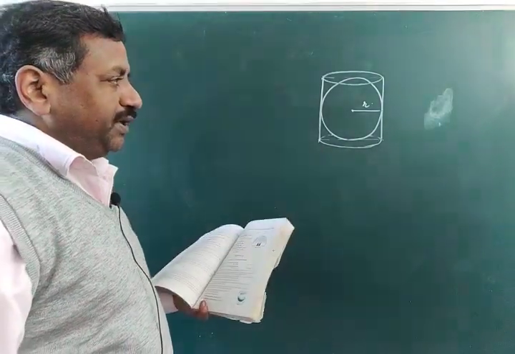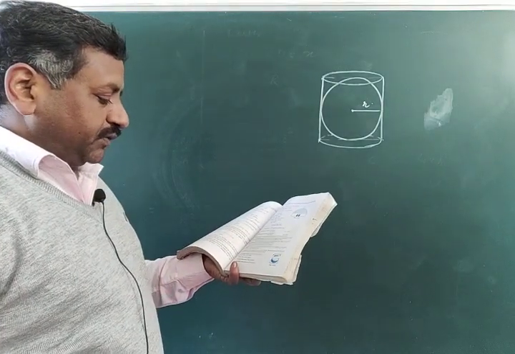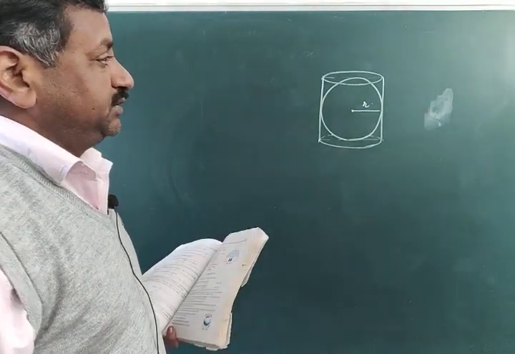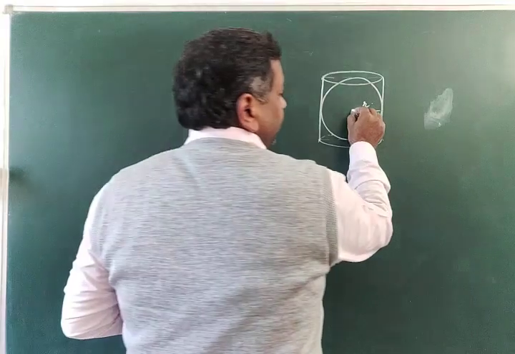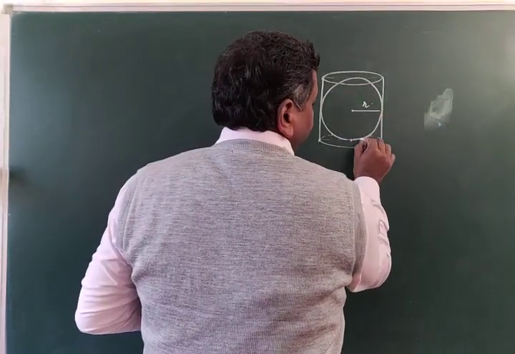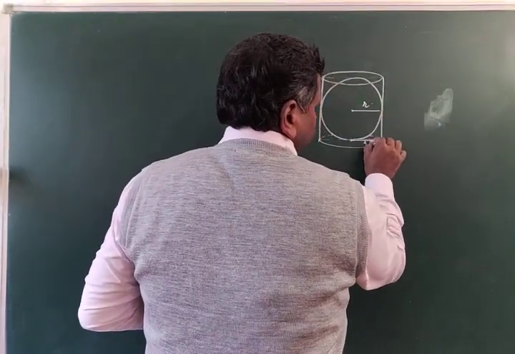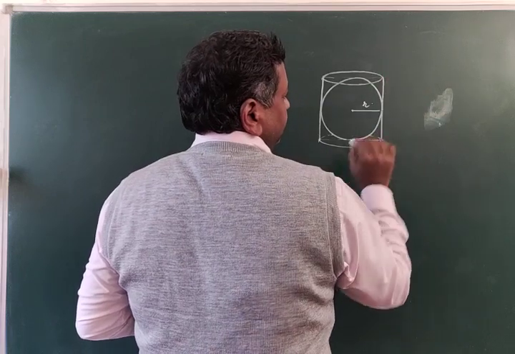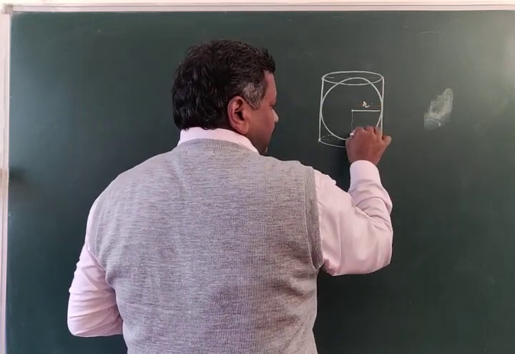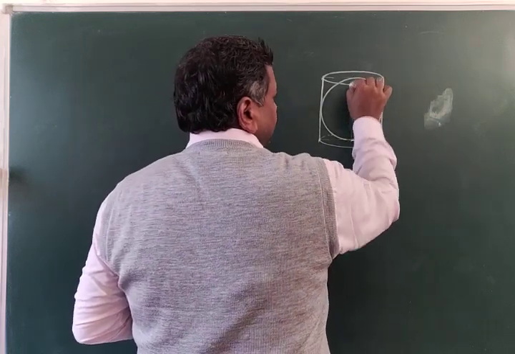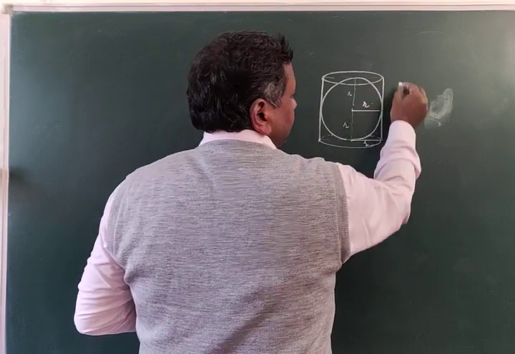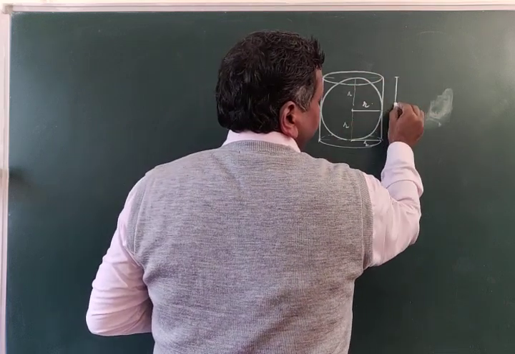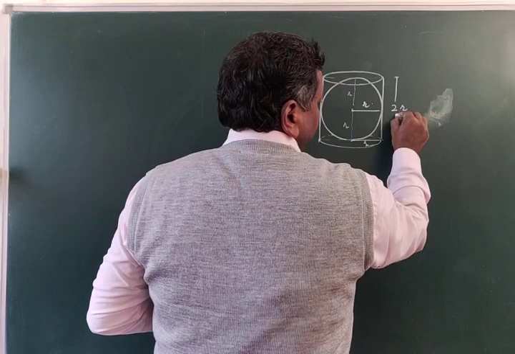No problem. 4 pi r square. Curved surface area of cylinder is 2 pi rh. So radius will be of the cylinder same r. Now regarding the height, this is also r, this is also r, r, r. So the height of the cylinder will be 2r.